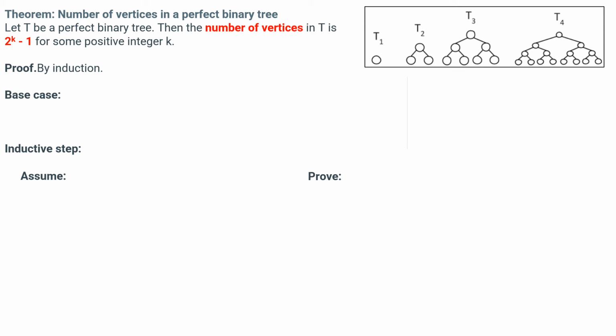Okay, so now let's prove this. Now we do see a k here, so we might think, okay, I'm going to prove it's true for k, and then also assume it's true for k and prove it's true for k plus 1. That's the kind of thing we did in previous lessons.